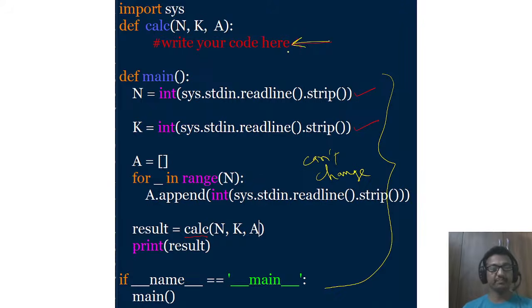That's it. Then if you run your code, automatically it reads the n value, k value and a values, and tests against all the test cases. Got it? This is how the online editor will be for the Infosys examination.